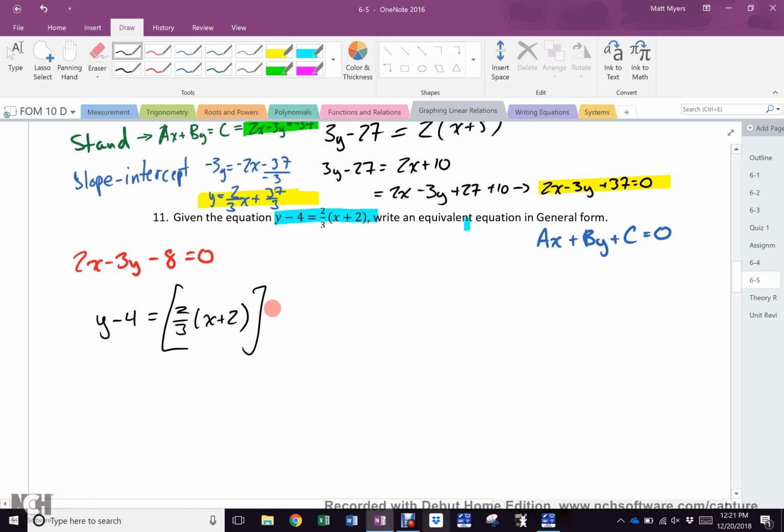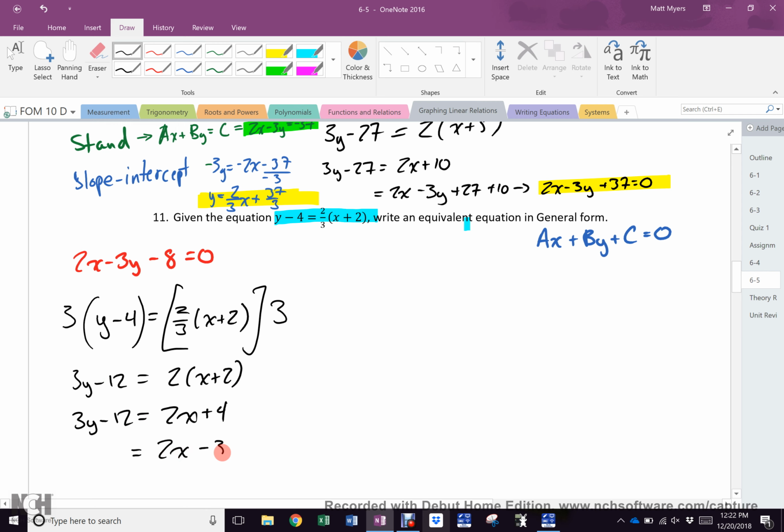Yep. And then 3y minus 12 equals 2x plus 2, which is 3y minus 12 equals 2x plus 4. The x has to stay there. 2x minus 3y plus 12 plus 4. No. What? You're bringing the 12 over.